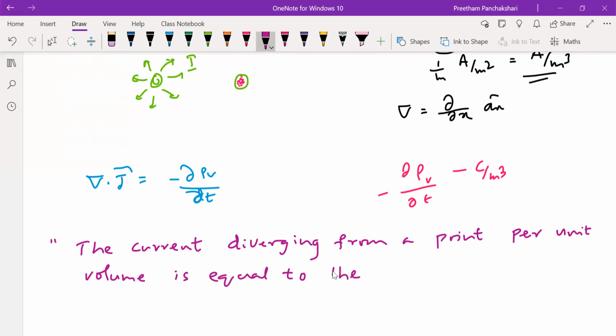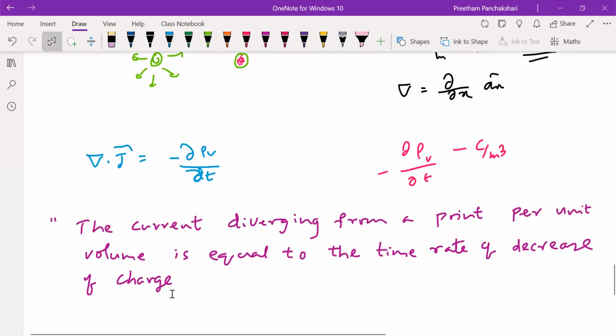the right side, right hand side of the equation, the time rate of decrease, minus sign now, the time rate of decrease of rho v, charge. But actually rho v is a charge per unit volume.